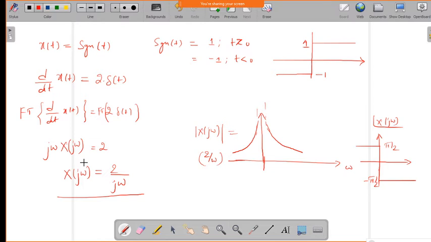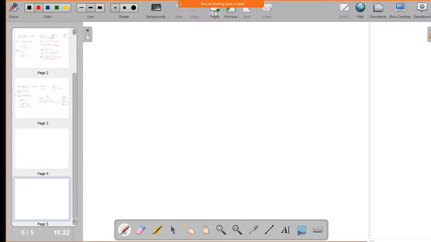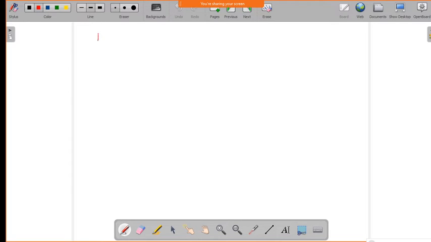So now try to find out the Fourier transform of the signal which is given like this, an aperiodic signal which varies from minus T to plus T, with amplitude value 1.